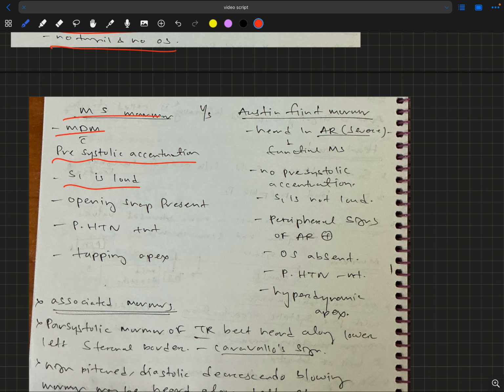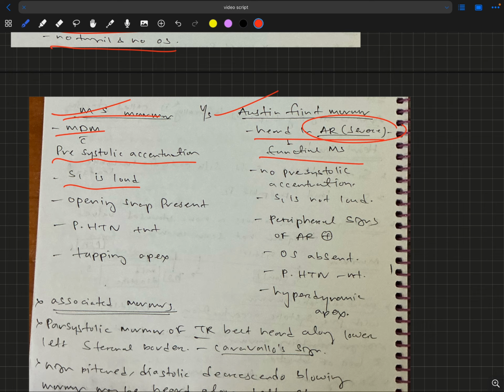But the Austin Flint murmur is heard in severe aortic regurgitation, and in case of AR, the diastolic decrescendo murmur will also be heard along with the Austin Flint murmur. In case of MS, only the mid-diastolic murmur will be heard.